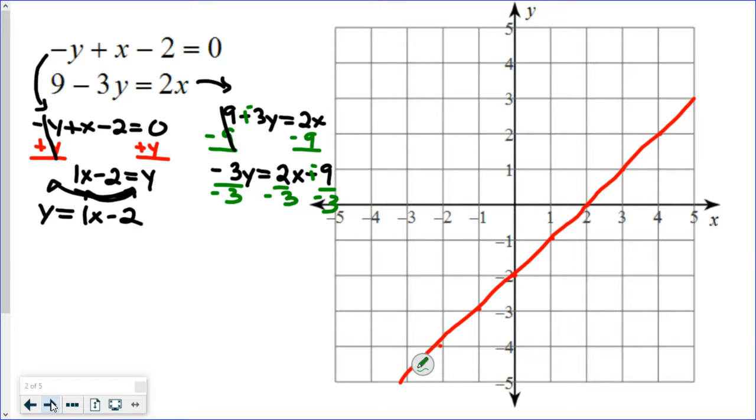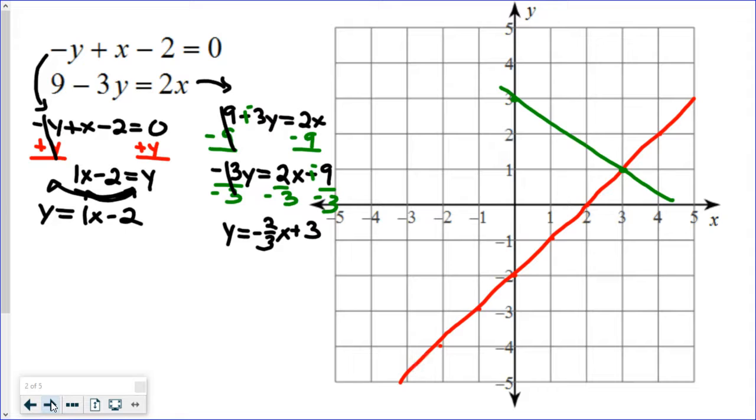Remember, that is a -9. Leave the fraction a fraction because that is my slope, -2/3 x. And a -9 divided by a -3 is just 3. Okay, so I'm going to start at 3, and my slope is -2 over +3, down 2 over 3.